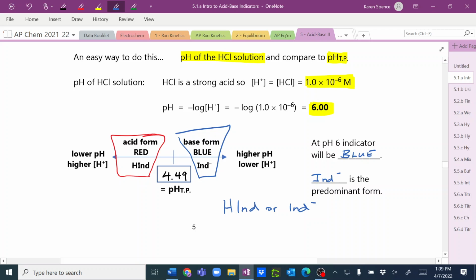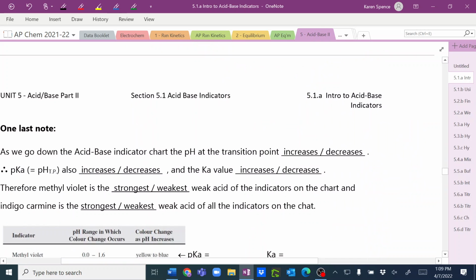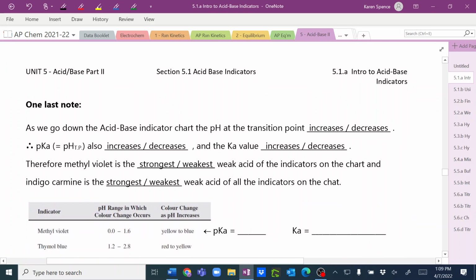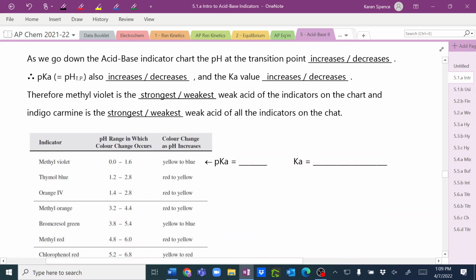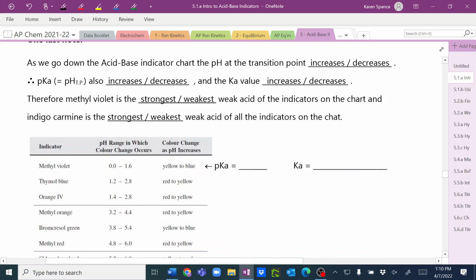Are we good? Okay. One last note, as we go down the acid-base indicator chart, what happens to the pH at the transition point? It gets higher, so it increases. So that means that the pKa does what? It increases, which means that the Ka value is doing what? Let's think about this.